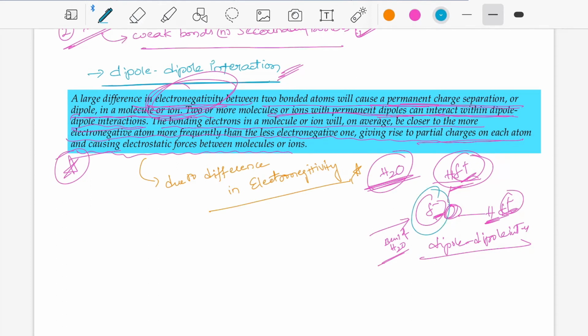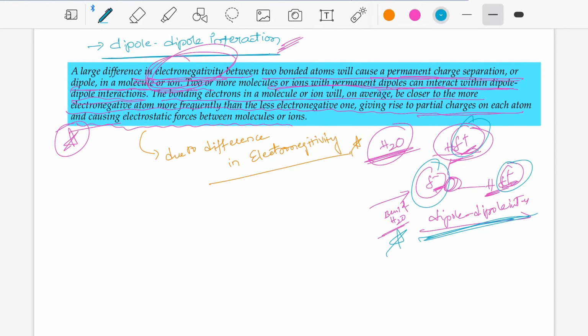Why do we get these charges? Due to the dipole-dipole interactions. Dipole-dipole interaction arises because, due to electronegativity, H2O has a bent shape. We discussed this previously.